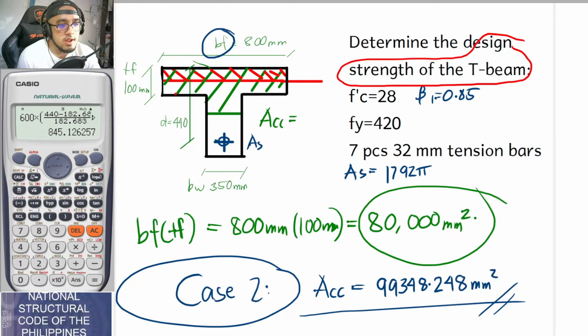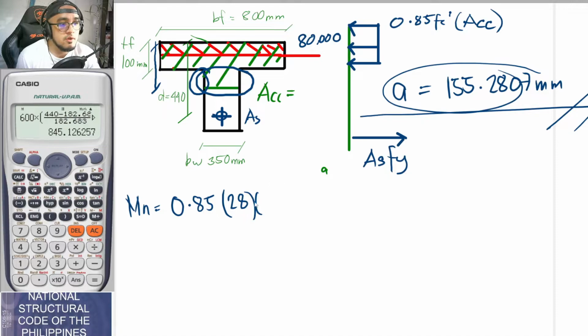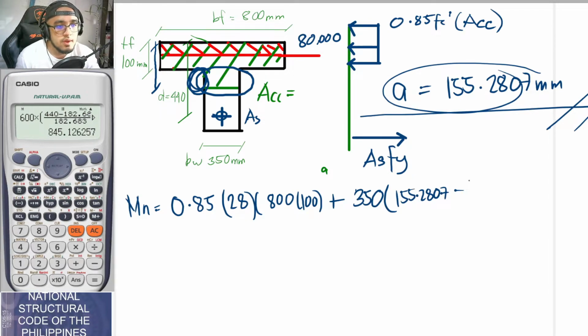But if you do not want to use that value and you want to solve for it manually here, then let us just do that instead. Just get this total area. For that area, I want you to solve via TF times BF, so that is 800 times 100, plus, what is this area? That is equal to BW, so 350 times A, which is 155.2807, minus TF, so minus 100.